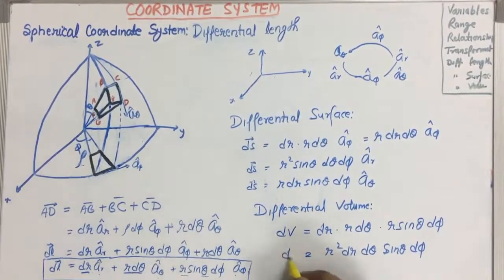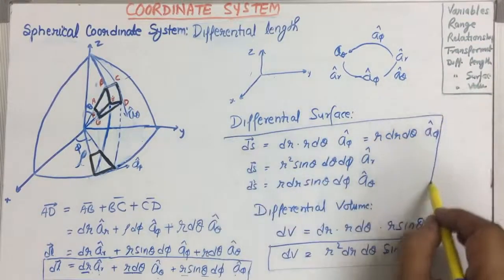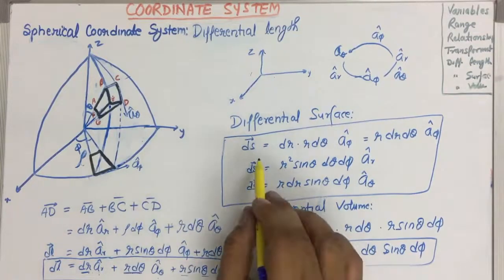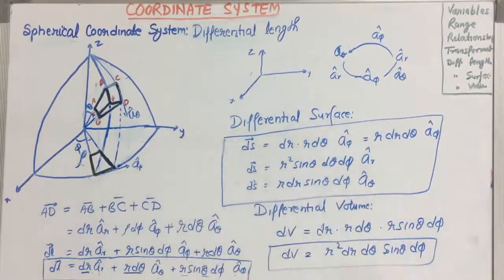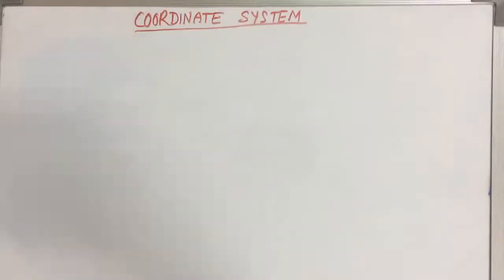This is the differential volume. In this way, in the case of the spherical coordinate system, we found the differential length, differential surfaces and differential volume for this differential object.